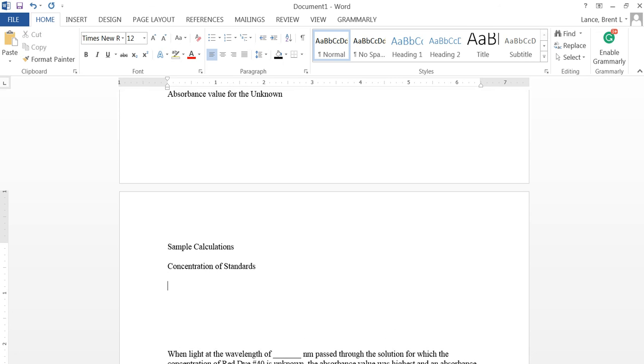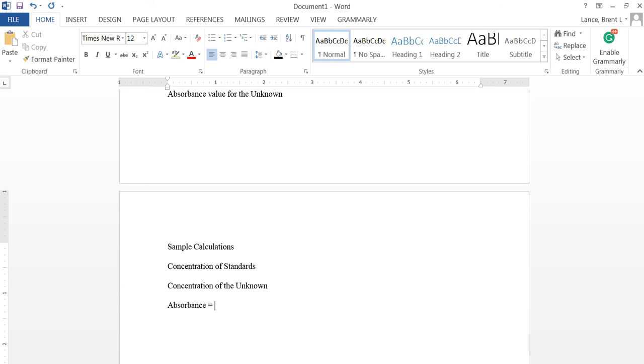And then you need to do one for the concentration of the unknown. So that's where you'd use your equation, your absorbance equal to the slope, which, for yours, I don't know what your slope will be.